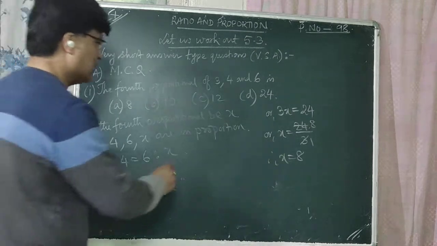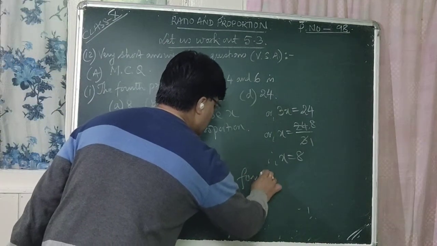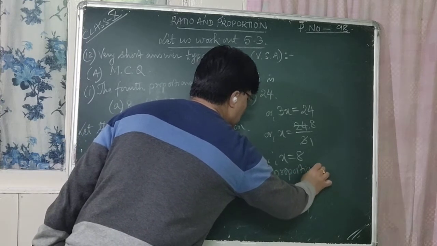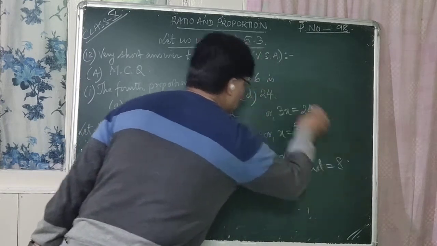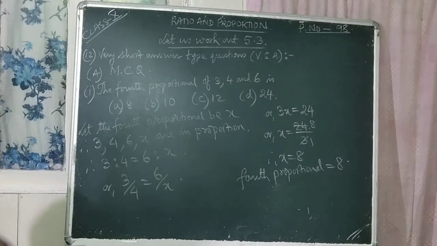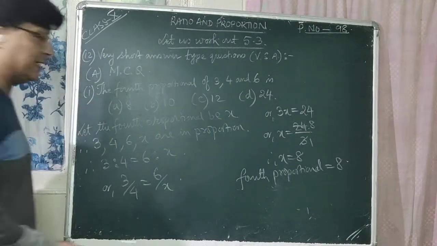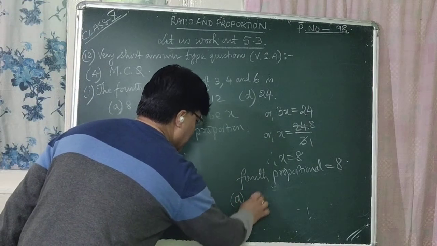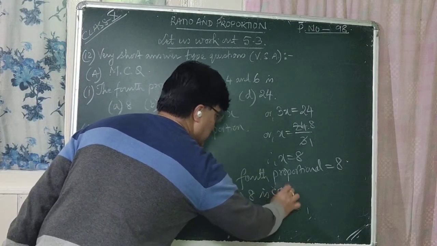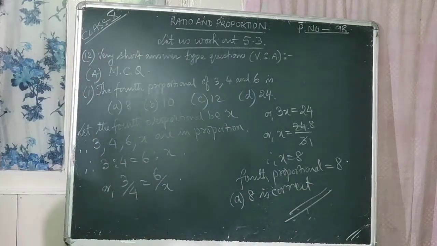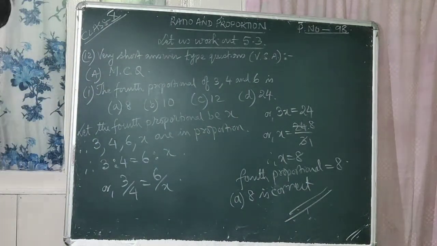It is 8. So the fourth proportional is equal to 8. So which is the correct option out here among these 4? That is option A. So A, 8 is correct. So this is your answer. Okay. So we'll do the next question now.